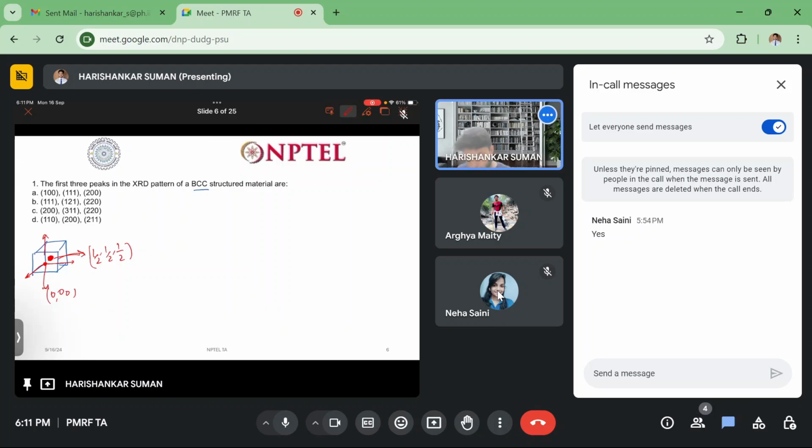Okay, so structure factor, please calculate the summation for n equal to 1 to N of f e to the power 2 pi i (hu + kv + lw).